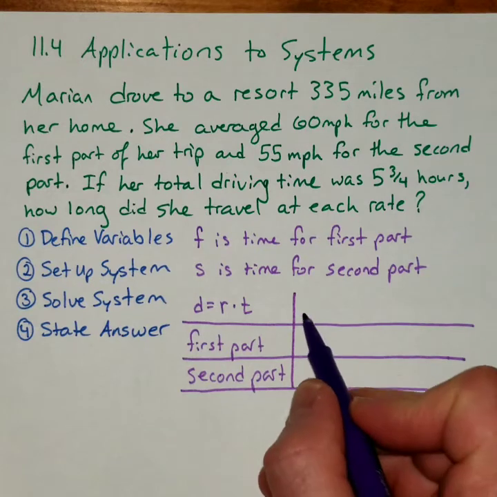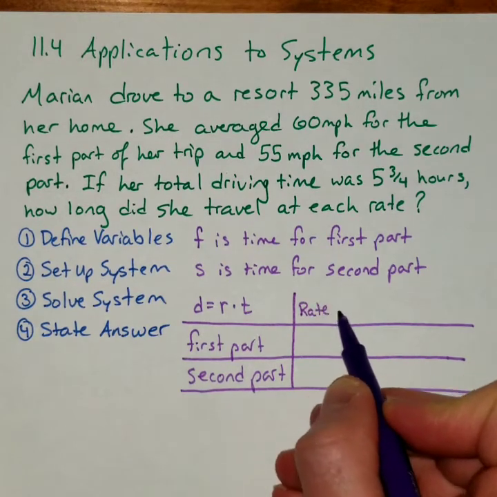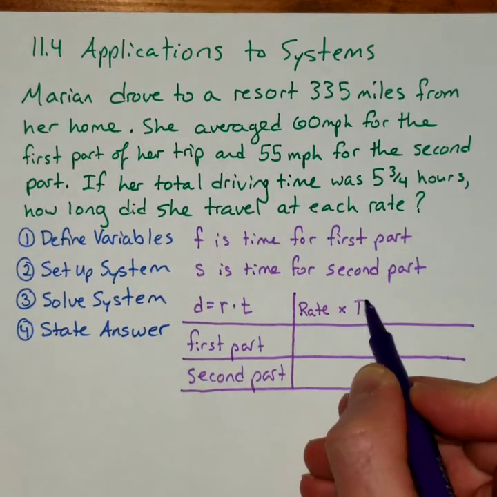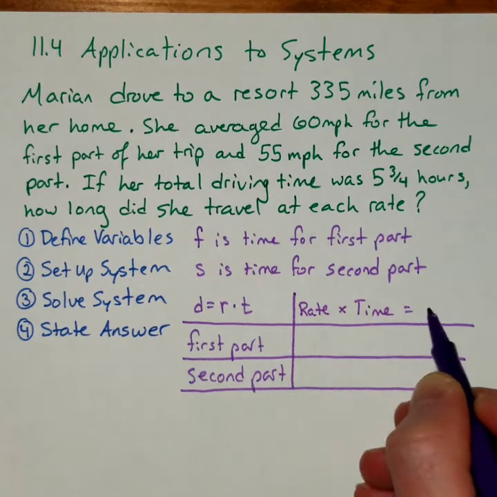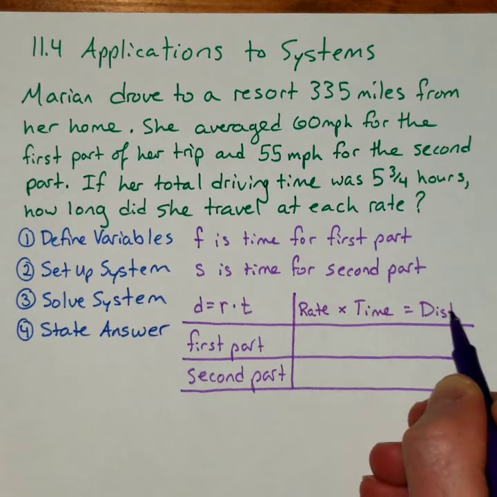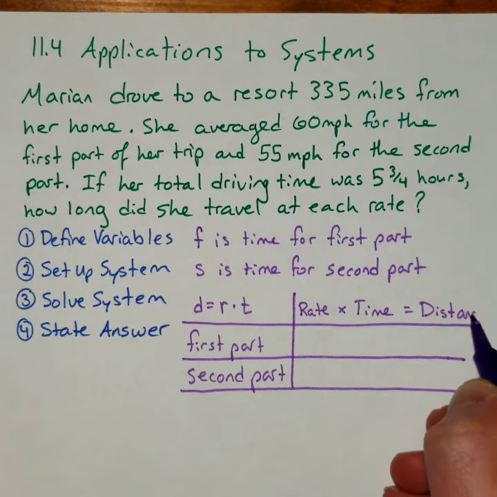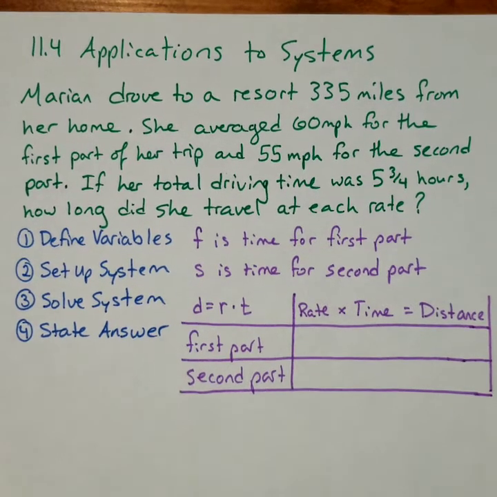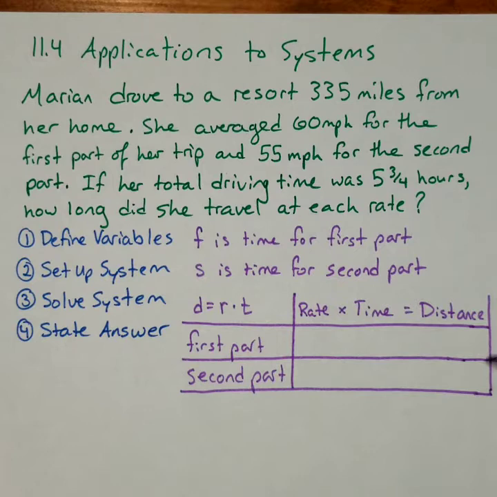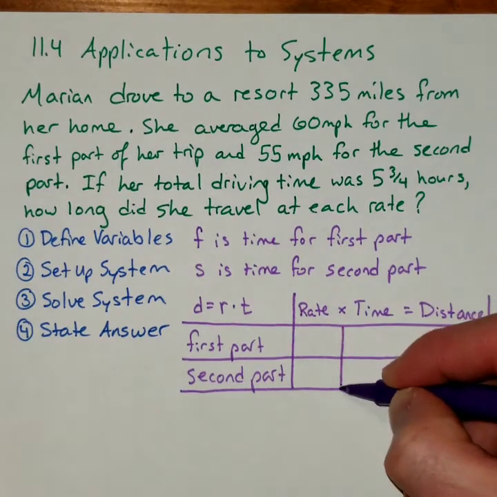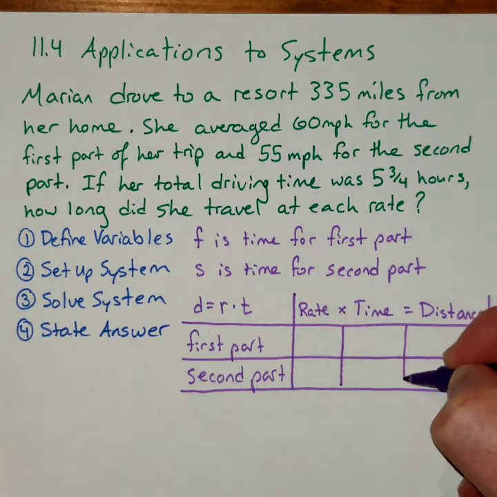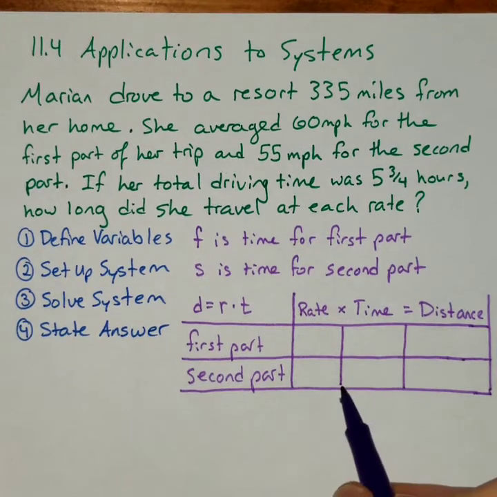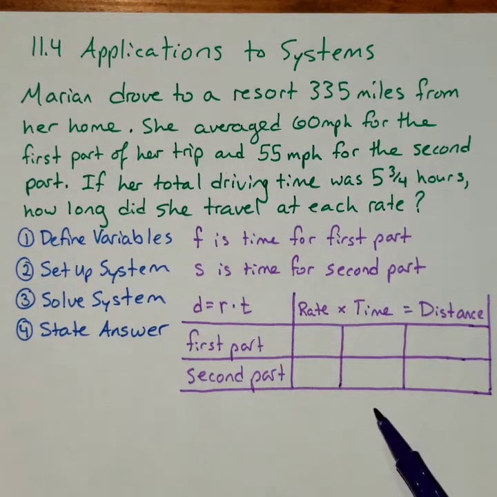We're going to start with the rate multiplied by the time equal to the distance. Extend those over. Okay, and now in each column then I'm going to put the appropriate either variable or number.